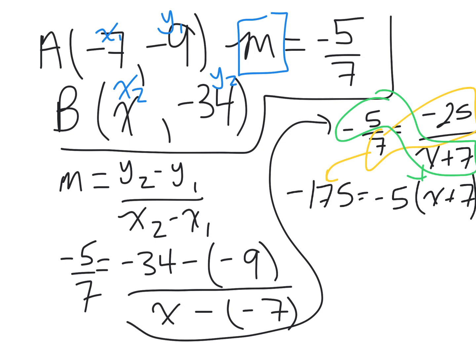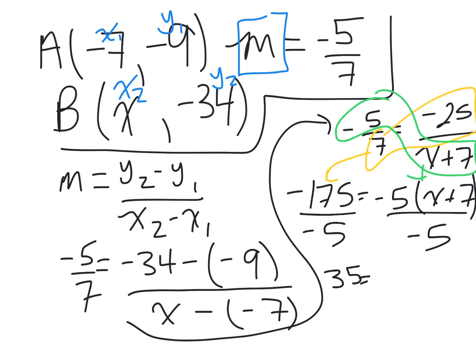Perfect. Even before I go crazy, I see that I'm multiplying -5 using the distributive property by x plus 7. So I can just take care of that right away by dividing both sides by -5. I can't do 175 divided by 5 in my head, but my calculator tells me that a negative divided by a negative is a positive, and so that gets me to 35.